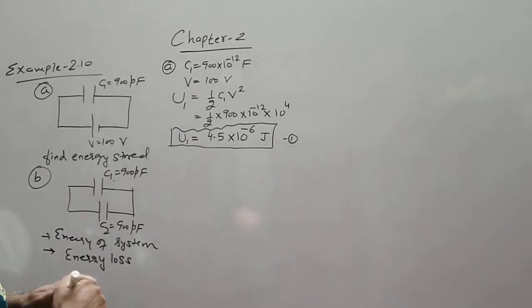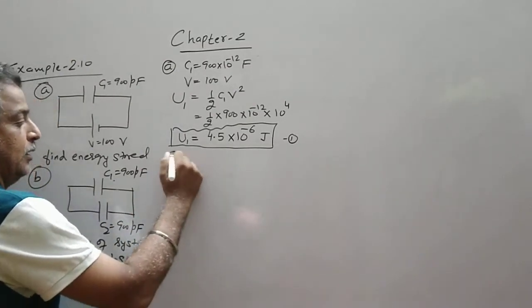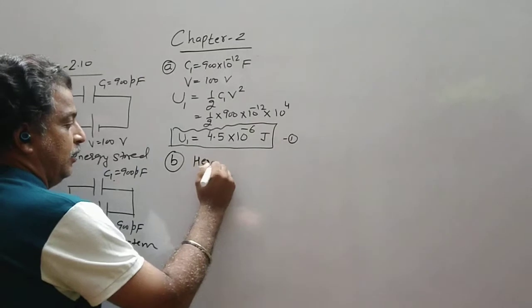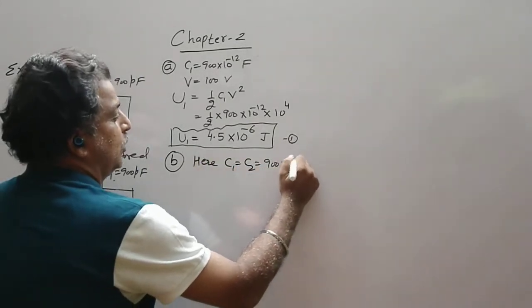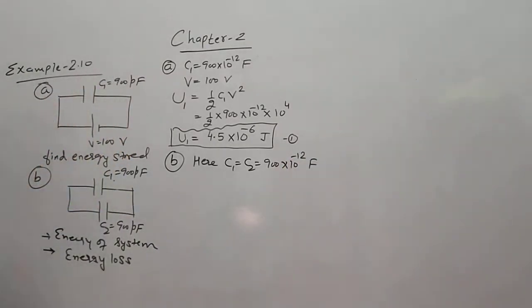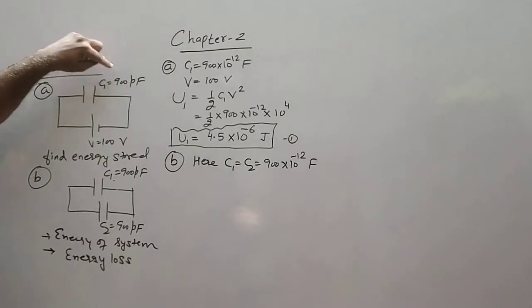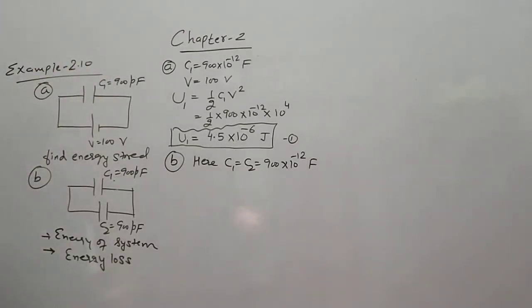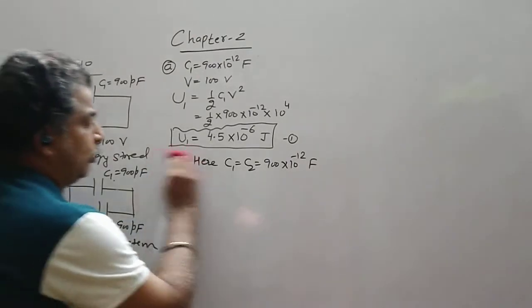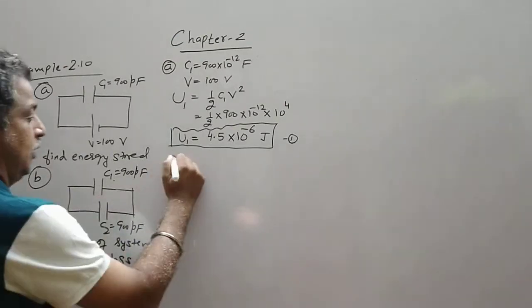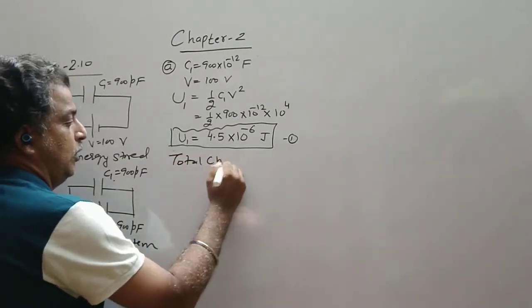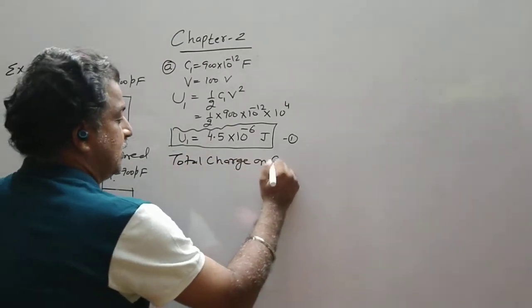So we are doing different methods. Here C1 is equal to C2 is equal to 900 into 10 raised to minus 12 farad. Now let us first find out the total charge deposited on it. So the total charge deposited on C1, let us find its value before we start the second part.